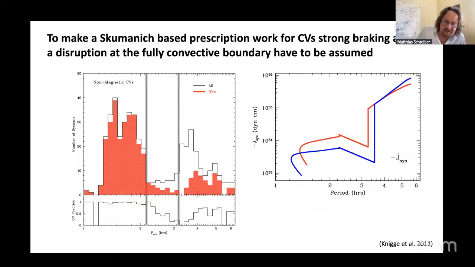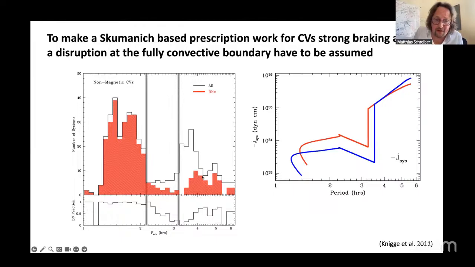The idea is that for stars, when the companion star that is losing mass still has a radiative core, magnetic braking is very strong, as predicted by Skumanich. So it was usually assumed, no saturation: let's extend Skumanich, and because these are short periods, you get very high rates of angular momentum loss.